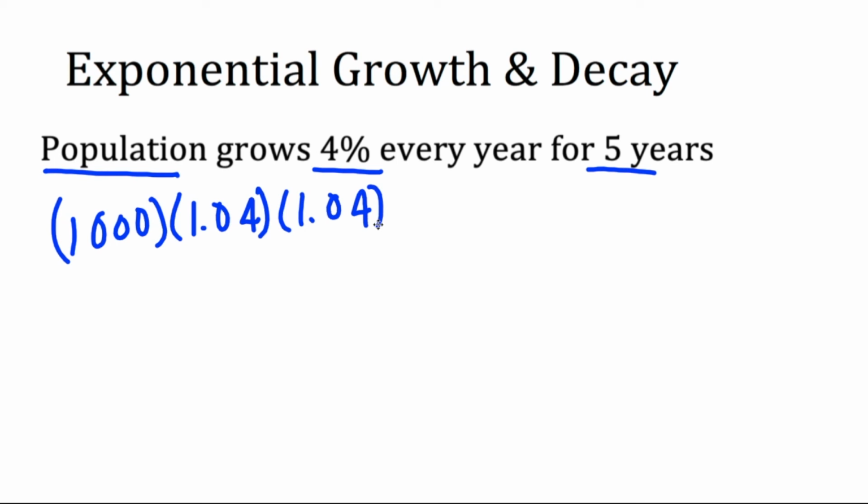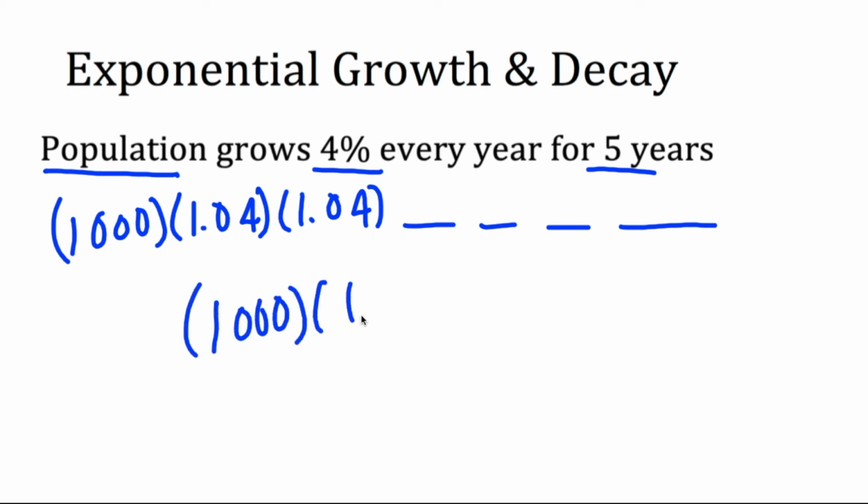And I keep doing this for 5 years until I get the original population times my percent increase raised to the 5th power. You should know how to do percent increase and decrease over time, the same percent per year as a decay or growth, and that's exponential.